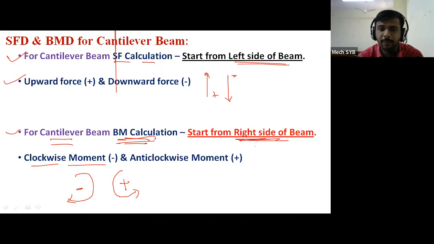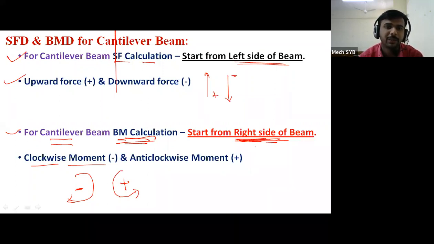See, in simply supported and overhanging beam, because we started from the left side, we called clockwise movement positive and anti-clockwise movement negative. But in cantilever beam, we have changed the procedure. Instead of doing the calculation from the left side, we are doing the calculation from the right side. Then because we start from the right side, the clockwise and anti-clockwise movements also changed. What changed? Only the sign convention changed. Starting from the left side, we called clockwise positive and anti-clockwise negative. But here, instead of starting from the left side, we start from the right side. That is why for clockwise movement we have taken negative, and for anti-clockwise movement we have taken positive.